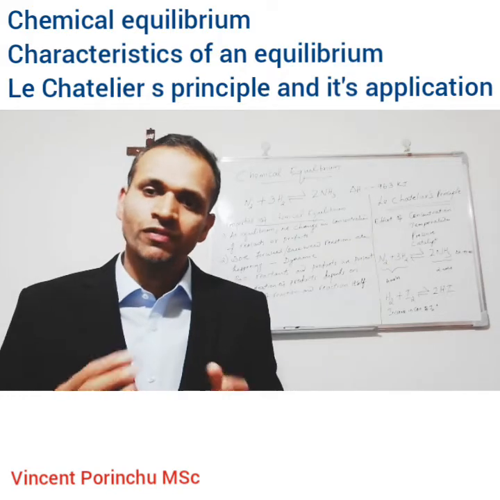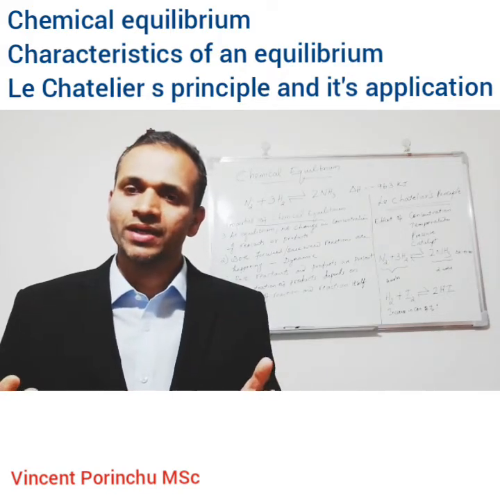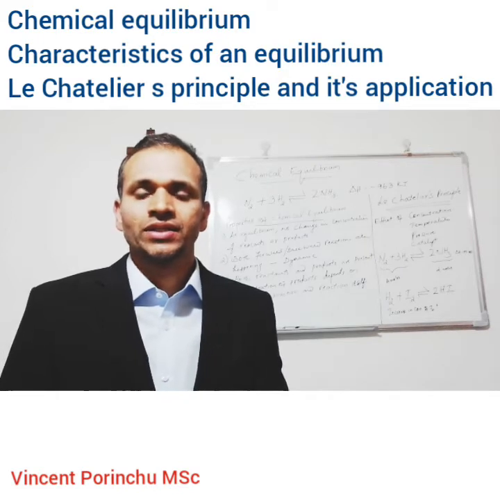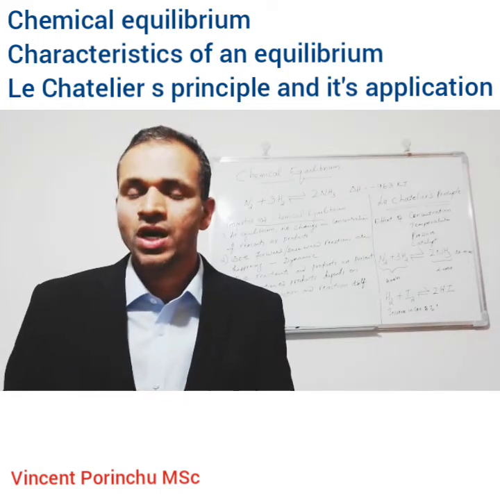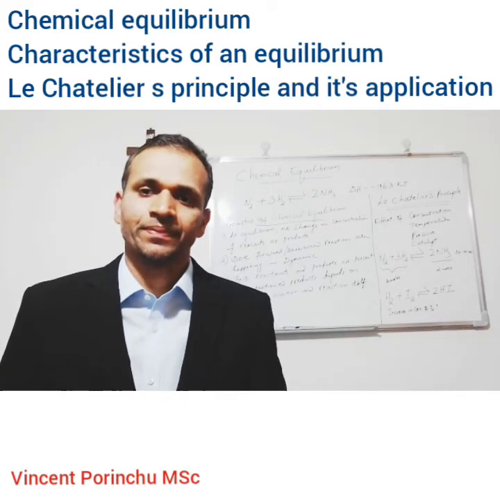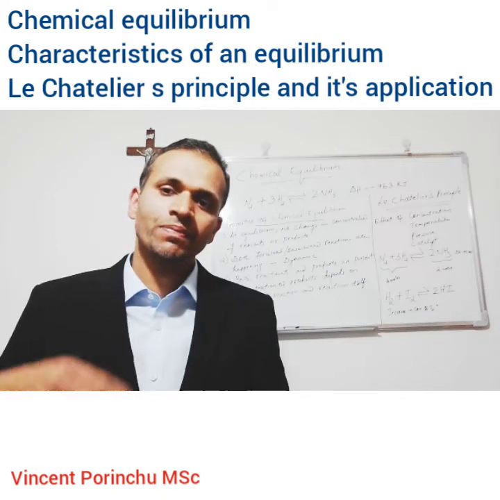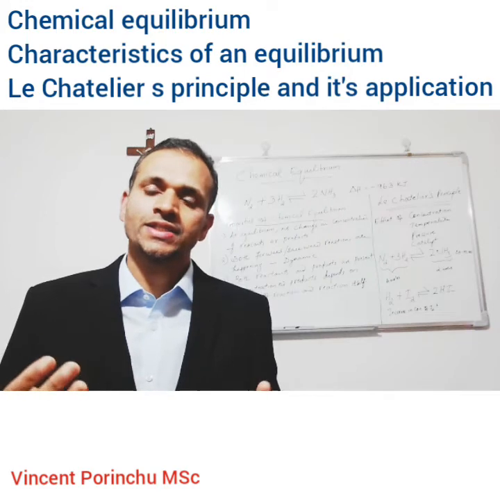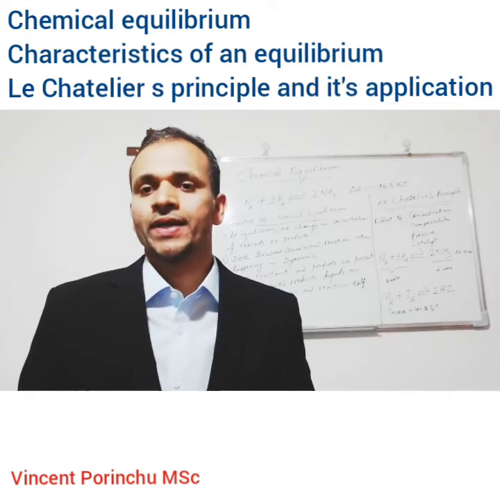That means if you increase the pressure, that will help to increase the formation of more ammonia. So by increasing the pressure of the equilibrium, we can increase the production of ammonia.